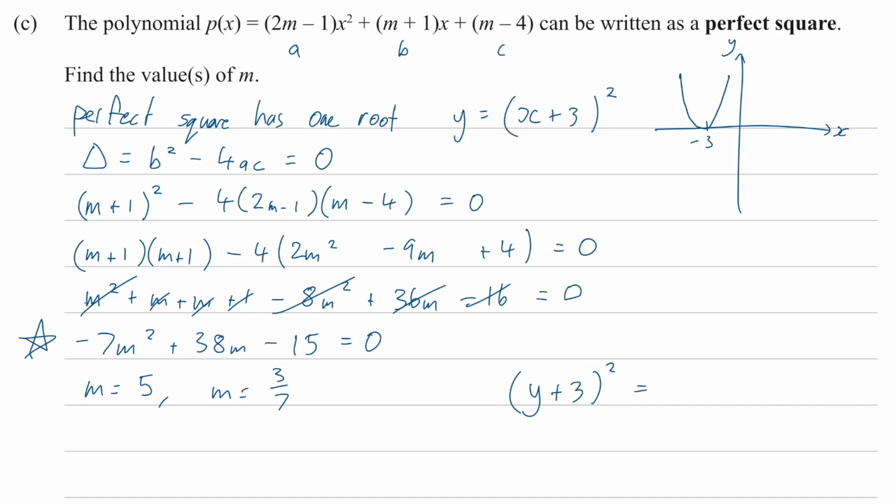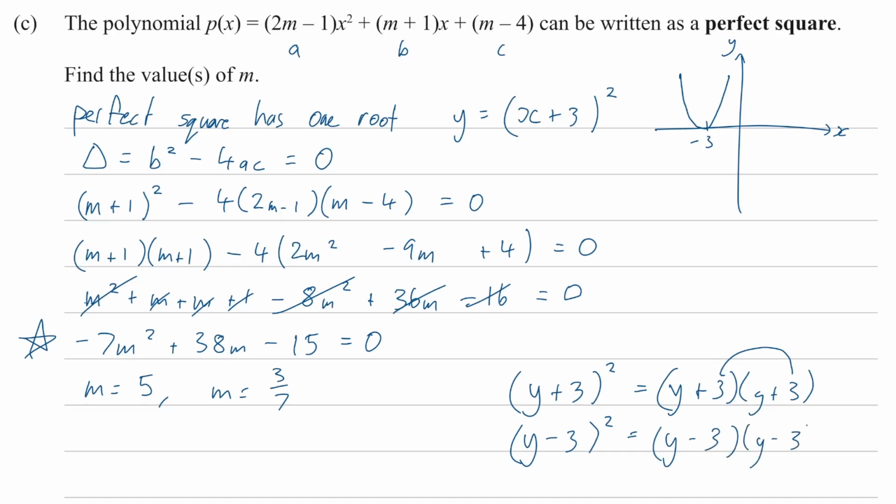What would the constant be? So that's y plus 3 times y plus 3. And you know when you expand the last two terms, that'll give us positive 9. But what if we had y minus 3 squared? What would the constant term be? Minus 3 times minus 3 is actually still a positive number, positive 9.